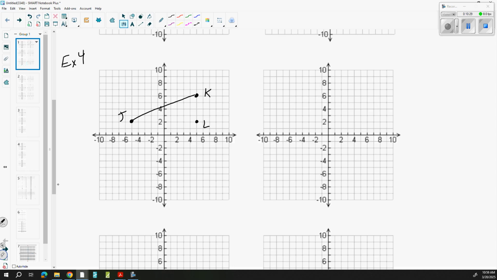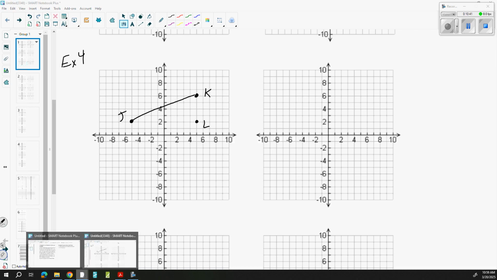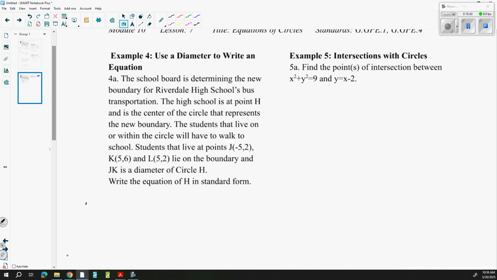So essentially we're going to get a big circle here. Looking at this, we're going to use J and K. We need to find the midpoint, and then we need to find the radius. So we go back here. We're going to find the midpoint of JK: (-5 plus 5) divided by 2, (2 plus 6) divided by 2.